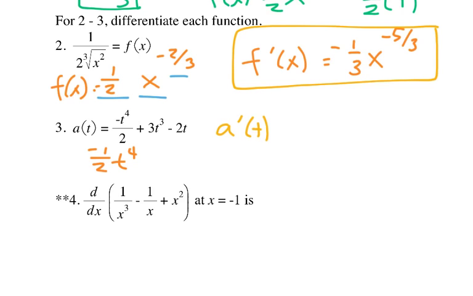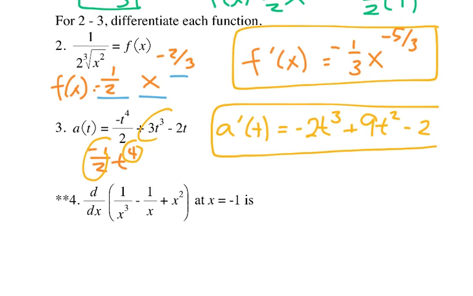So a prime of t equals 4 times, so 4 times negative 1/2 is negative 2t cubed. And then if we take the derivative of that term, we get plus 9t squared. And then if we take the derivative of the last term, it's minus 2. So that's the derivative in number 3.